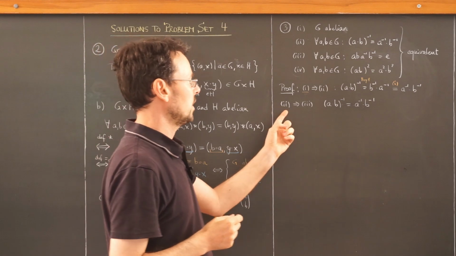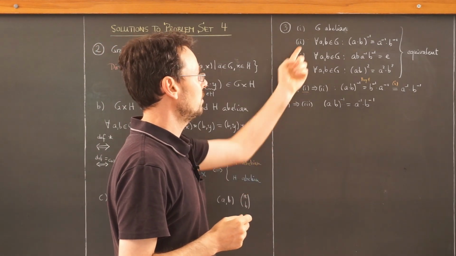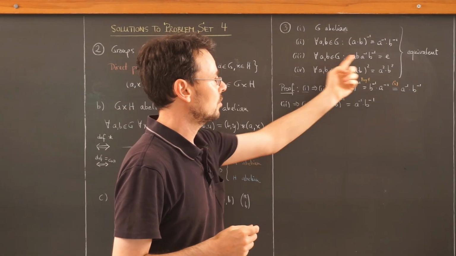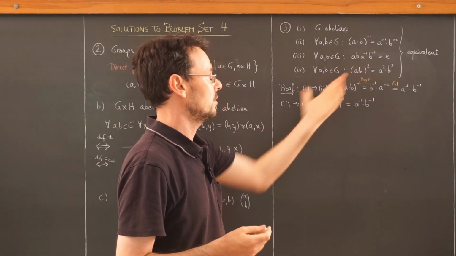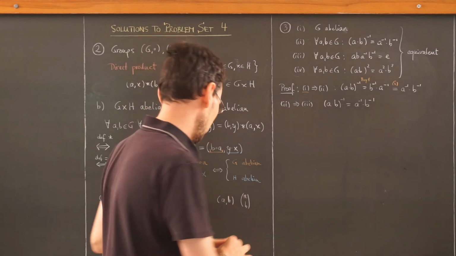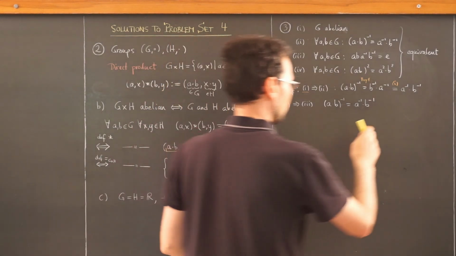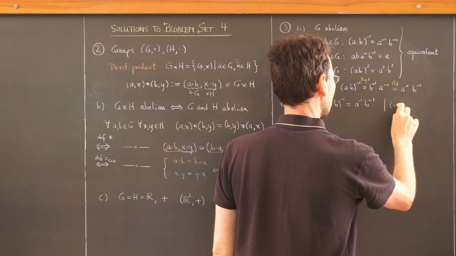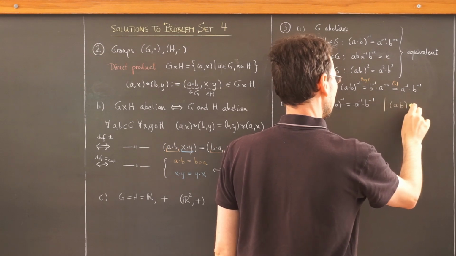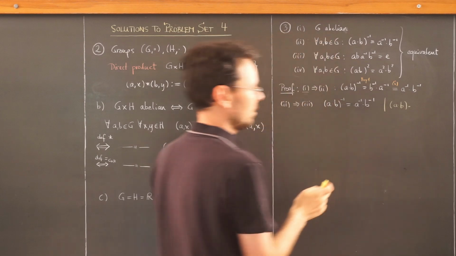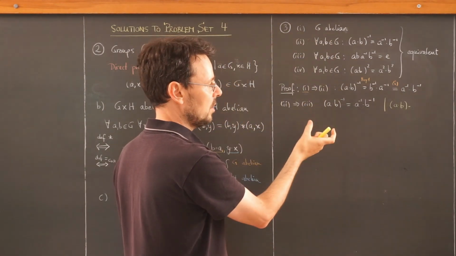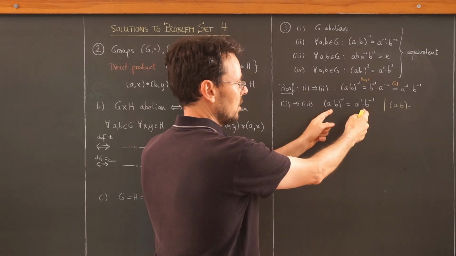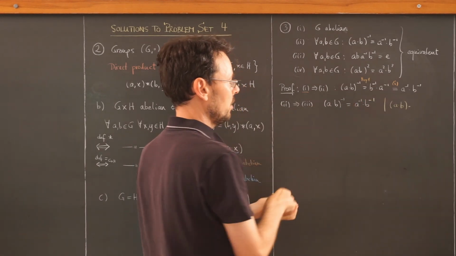All right, next step, we assume that this here is true. So we have this formula, and we have to show that this here then is true. Now if we have this, we can simply multiply with AB from the left. So we take AB, which is an element of the group, and multiply this equation here from the left with AB.